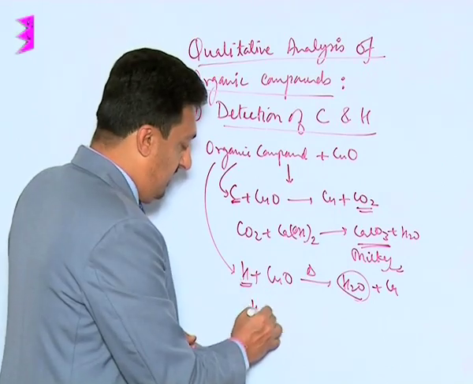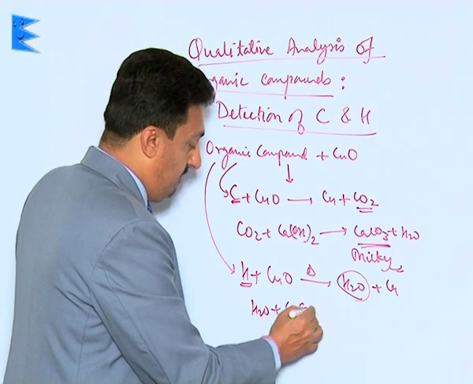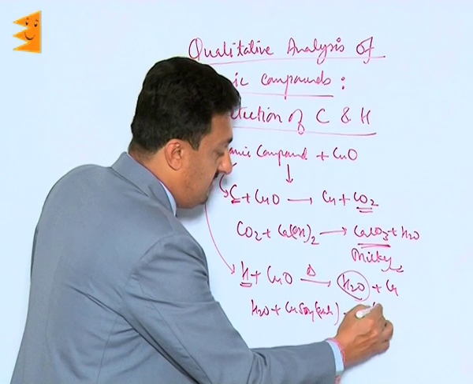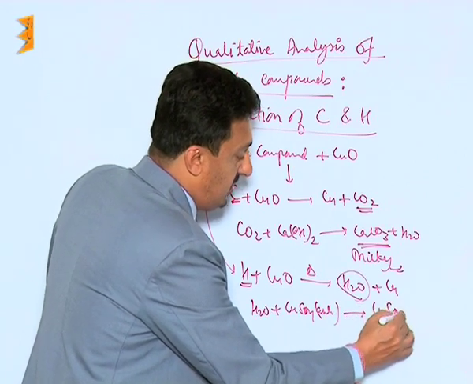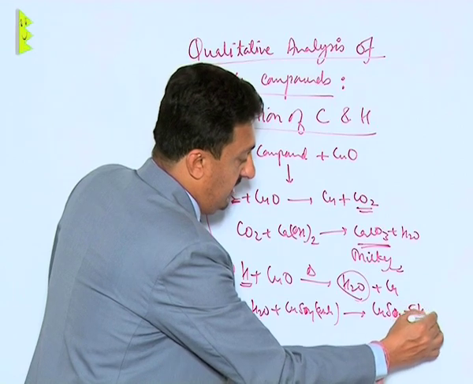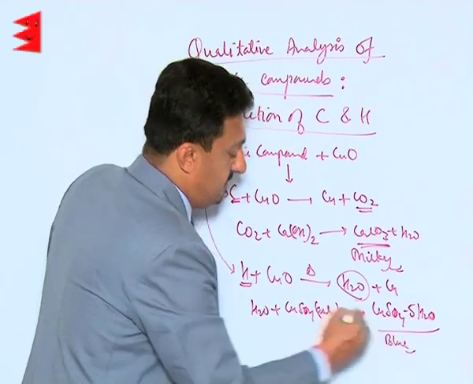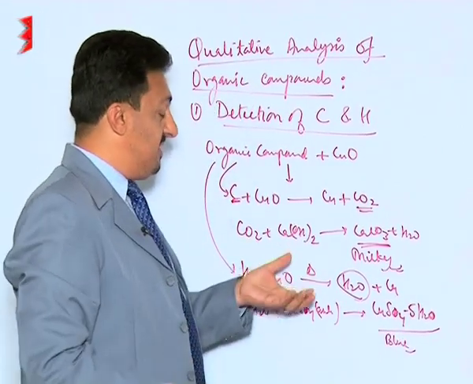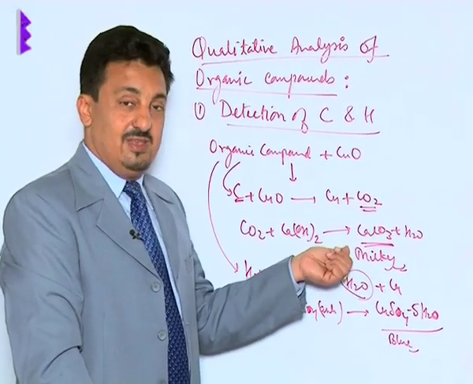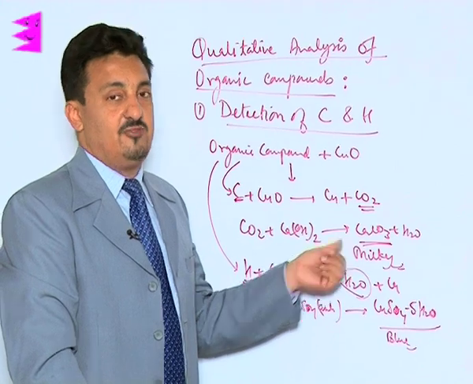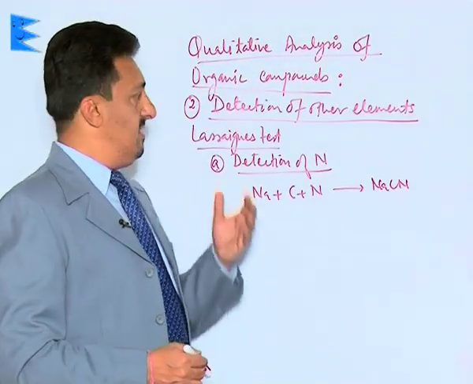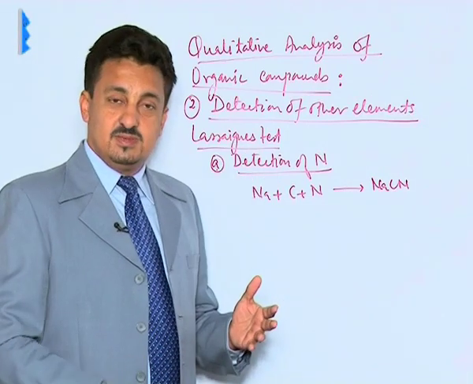This water is absorbed by anhydrous copper sulfate, which gets converted to CuSO4·5H2O, and it becomes blue. So once this becomes blue and we get milky lime water, it shows that we have carbon and hydrogen in the organic compound. Now let us understand the detection of the other elements.